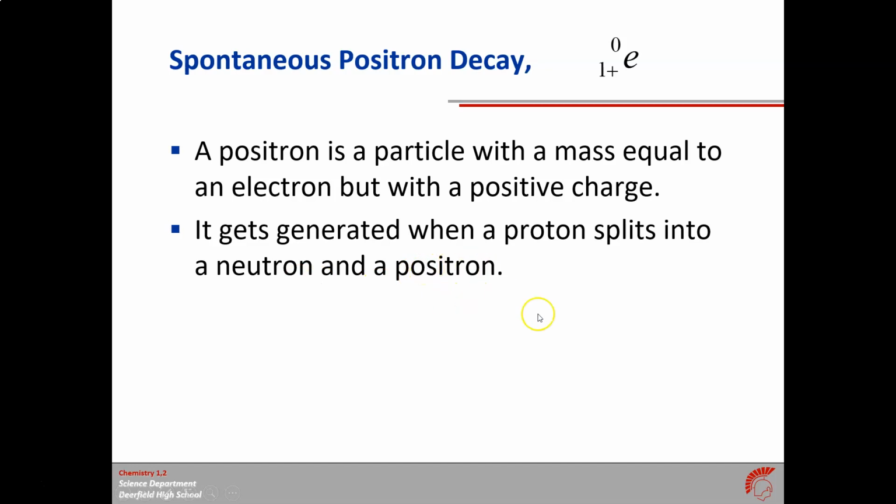So here's the equation. We take a proton and split it. The proton gives the mass to the neutron, and then the positron gets the positive charge. So the neutron has no charge, the positron has no mass.